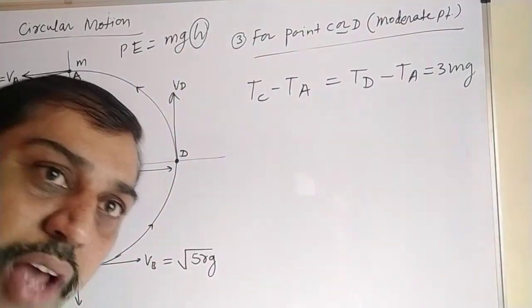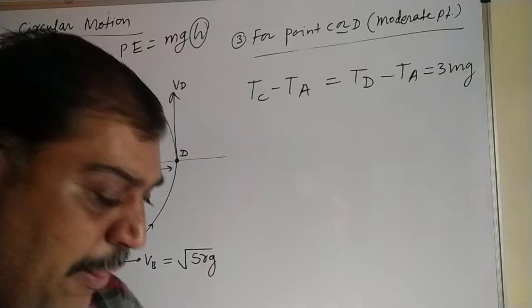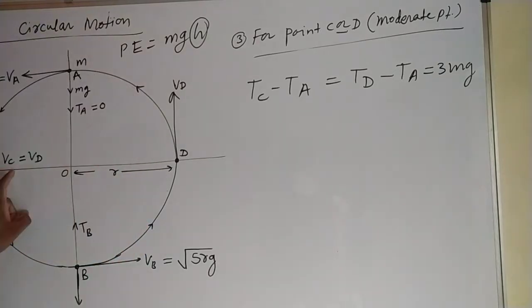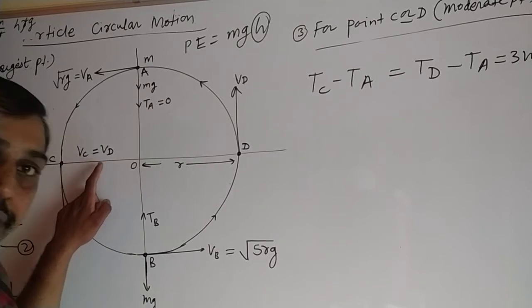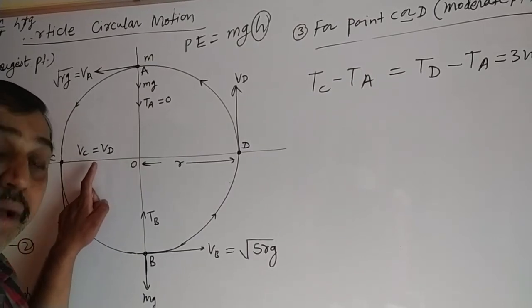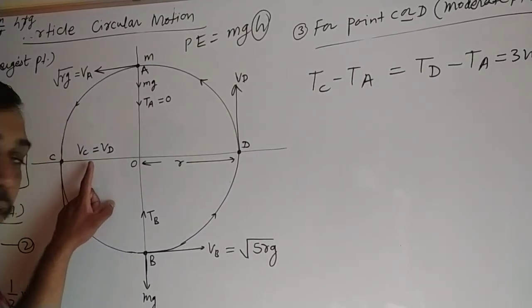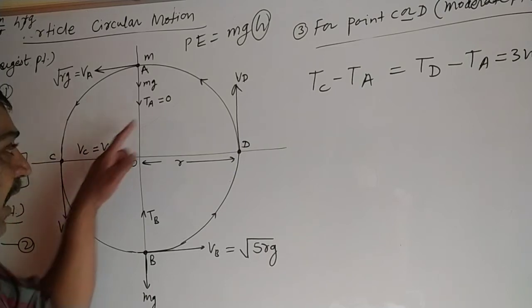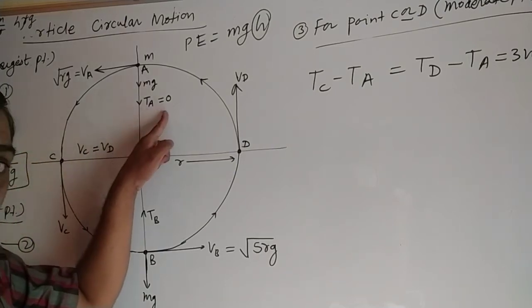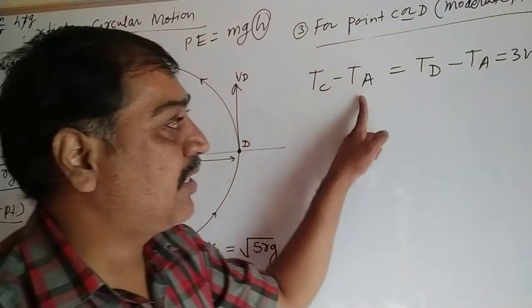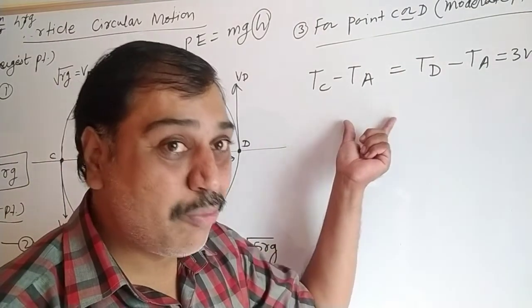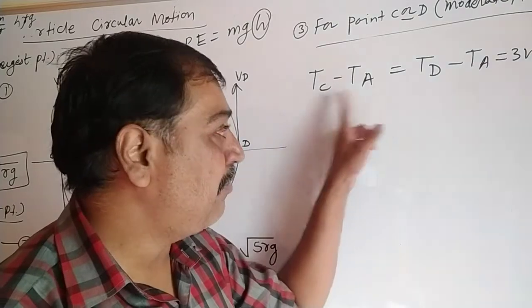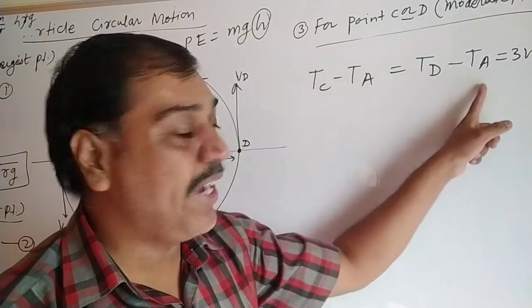Now the question comes, how? It's a very simple thing. Here we have Vc equal to Vd because they are at the same height, and the tension in the string at point A is 0. So Tc minus 0 equal to Td minus 0.